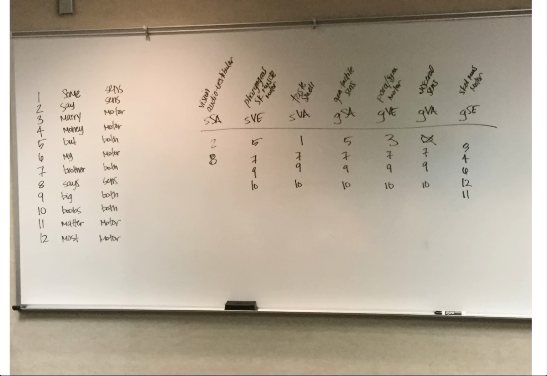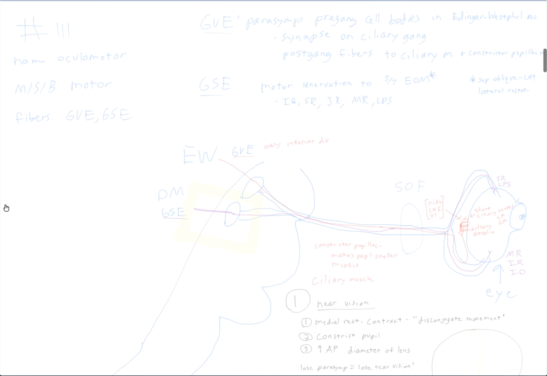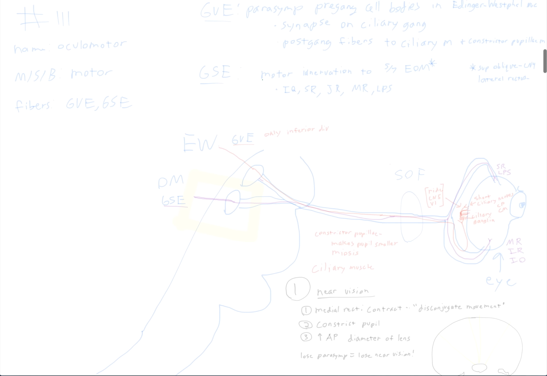Okay, so let's go. So, number 3, name. Good. Motor sets for your boat. Motor. What fiber types? Good. Let's talk about those for a second. All right, what are they all doing?